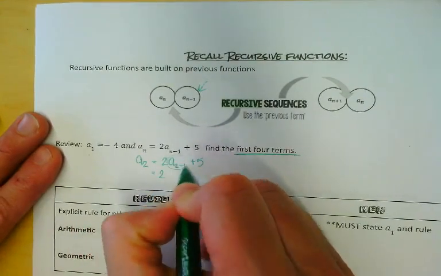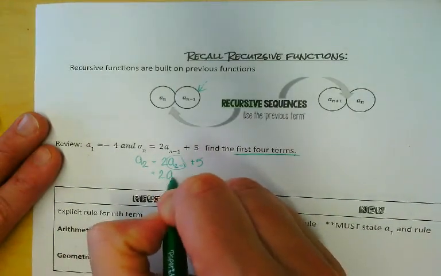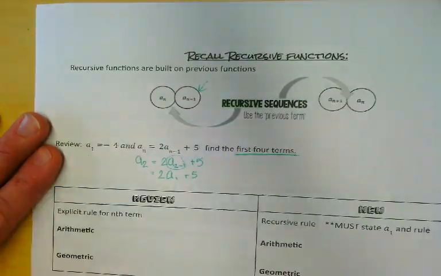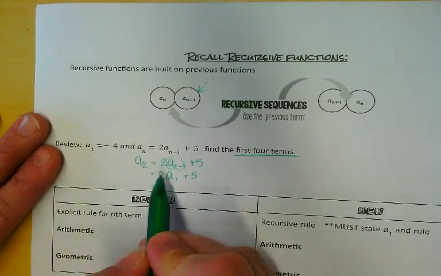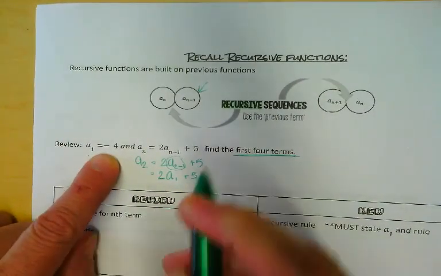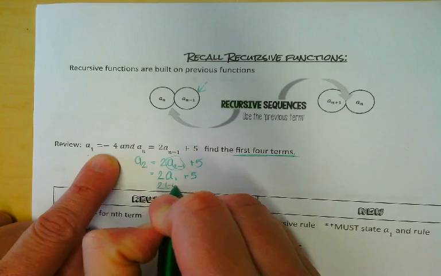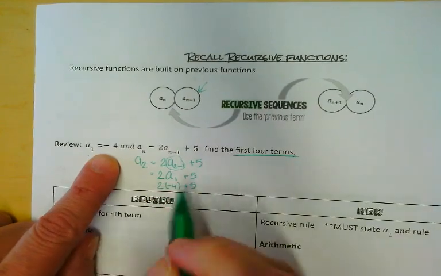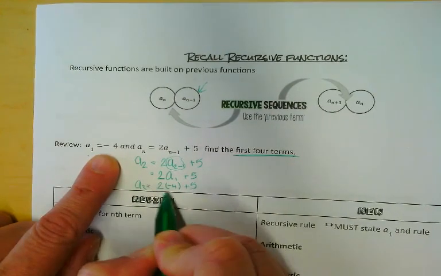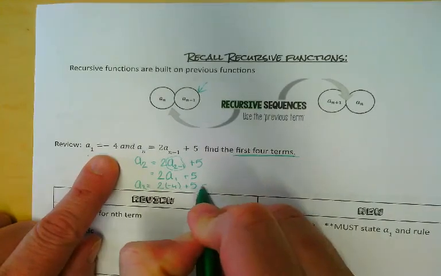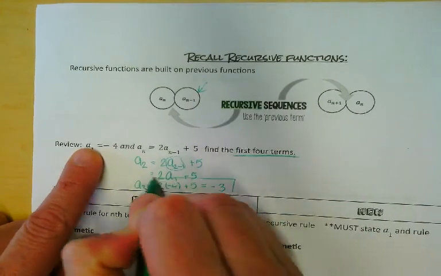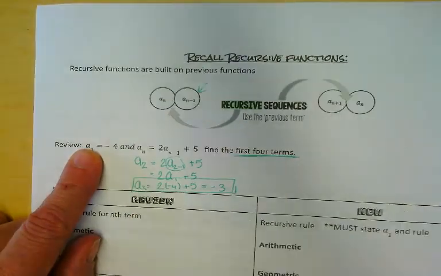That becomes, right here, this 2 minus 1 really becomes a sub 1, which is the previous term. And I know a sub 1 is -4, so I can substitute that in. So I've got a sub 2 equals, that's -8 plus 5, -3. And I've got that second term.